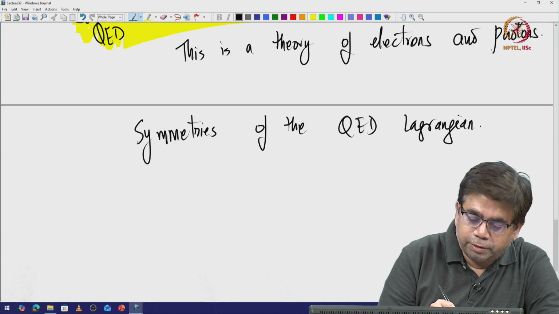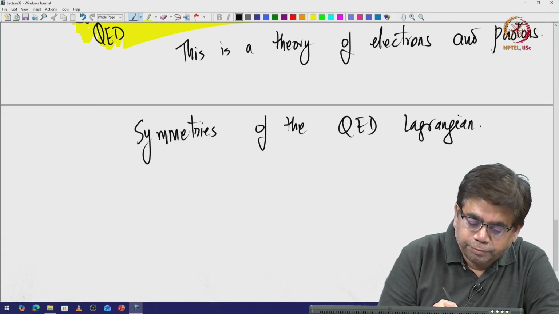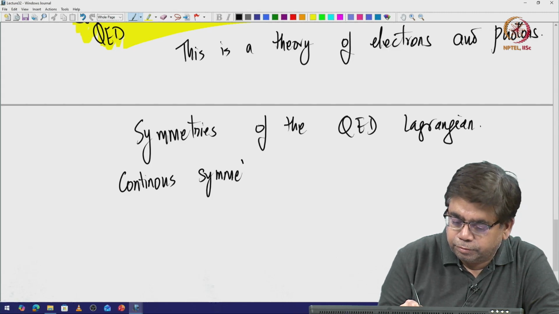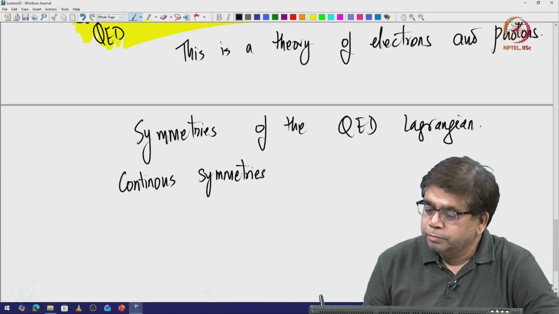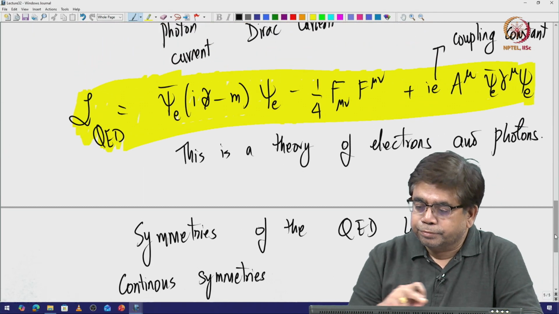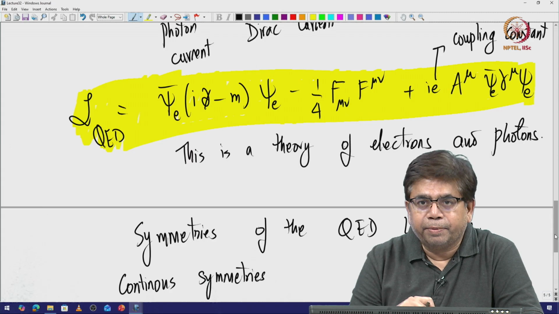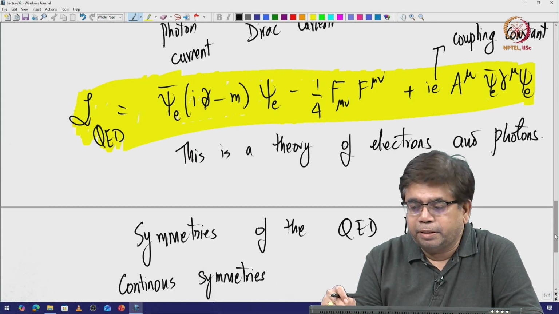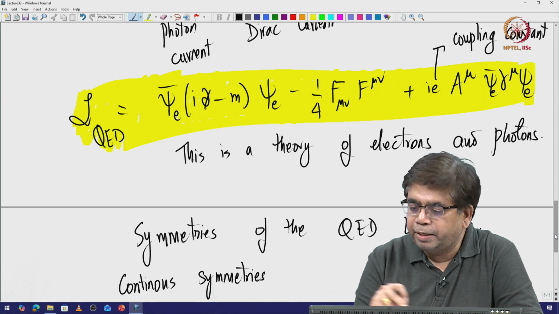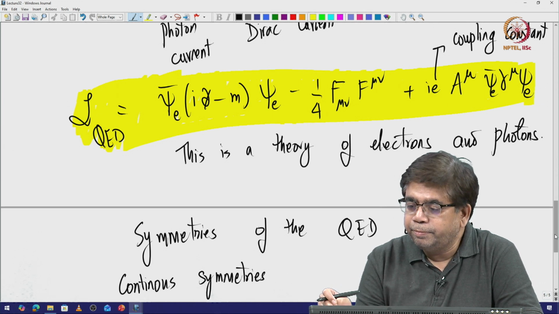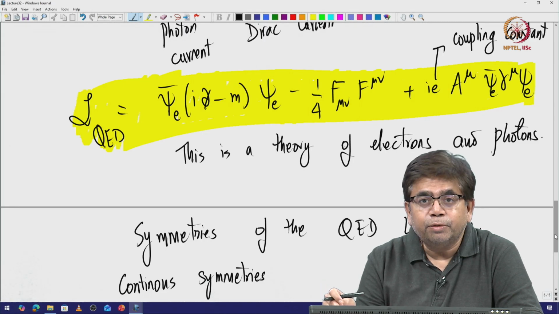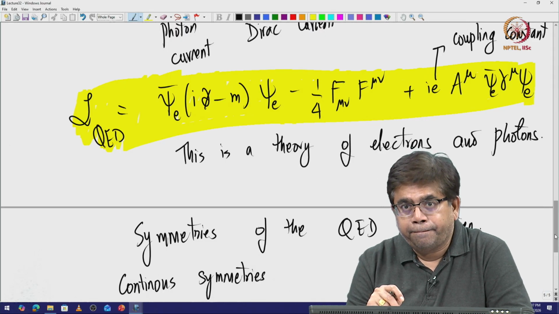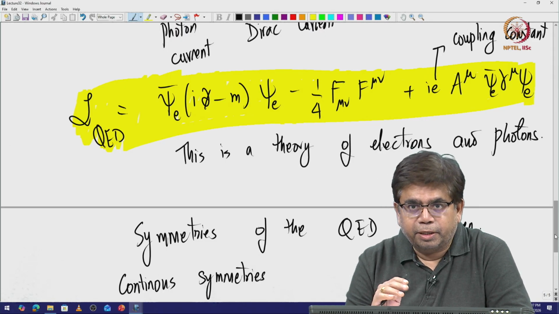So, continuous symmetries, let us look at continuous symmetries. Now, the field psi E appears always as a bilinear, you see that it always appears as a bilinear. That means there is psi bar psi, there may be a derivative or gamma mu in between. Gamma mu is a constant matrix, I del slash m also is a constant matrix essentially. The p slash, okay, yeah, p slash is there.